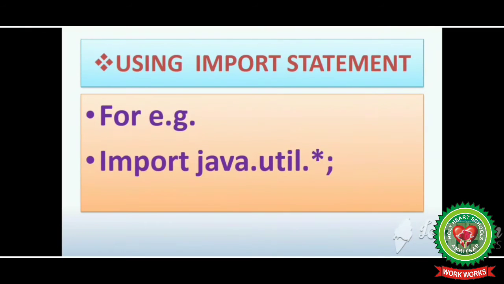Means all classes will come in the program. For example, import java, which is the main package, dot util, this is a sub package, and dot, instead of writing the class name, we have written dot asterisk. So it will include the entire util package in the program, and semicolon.